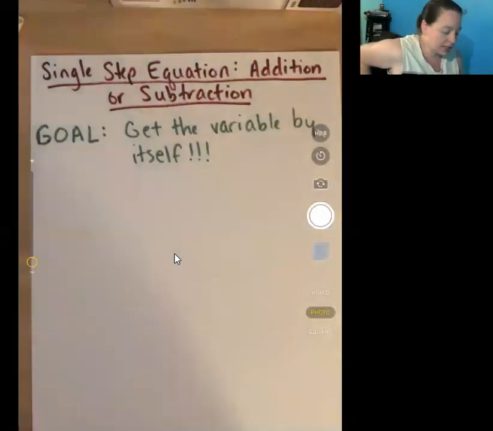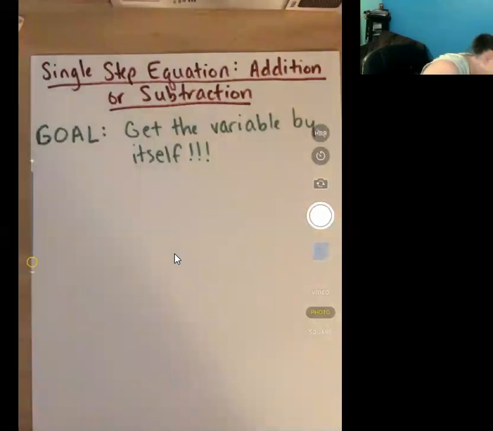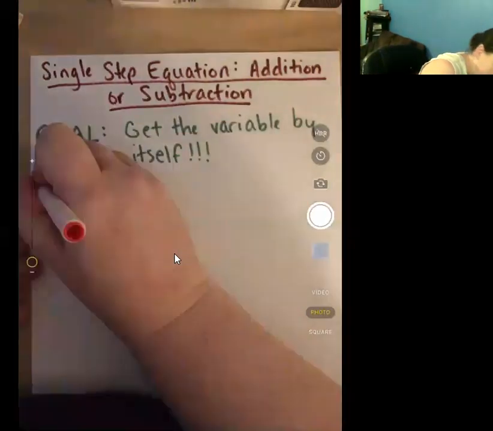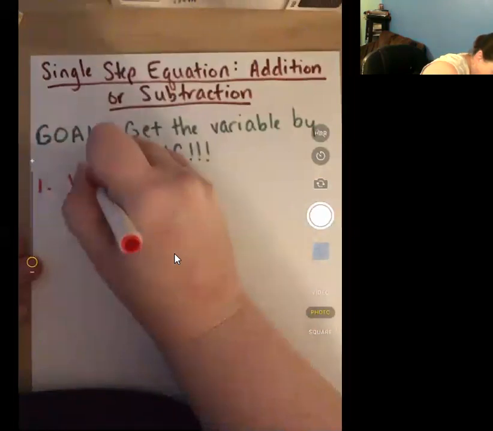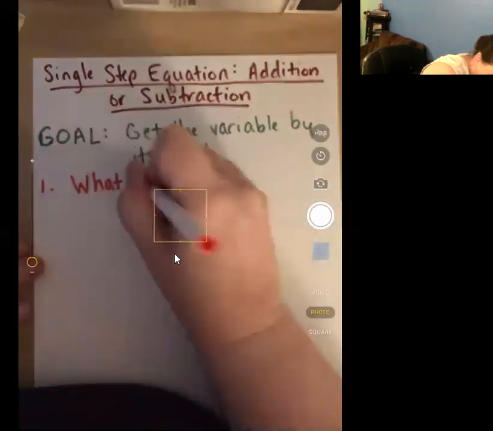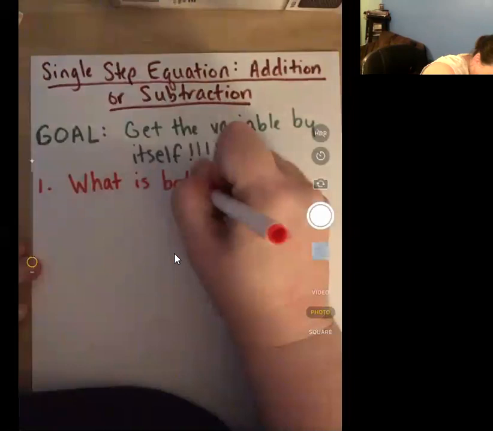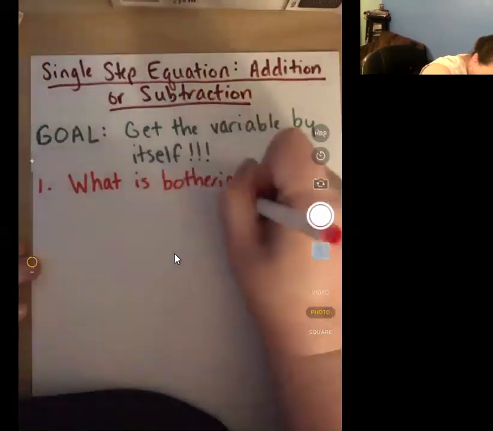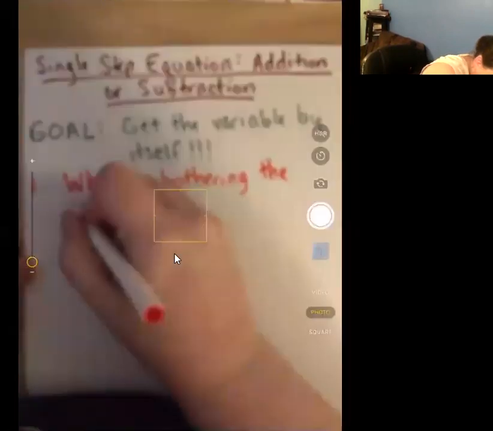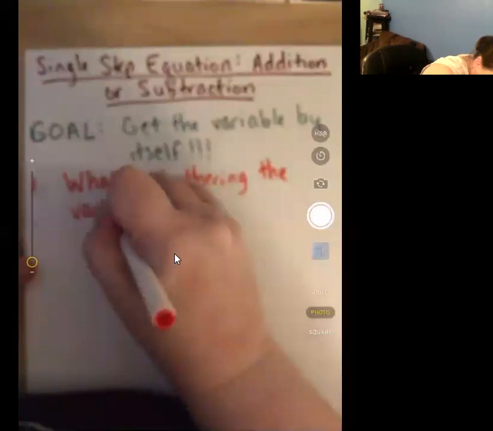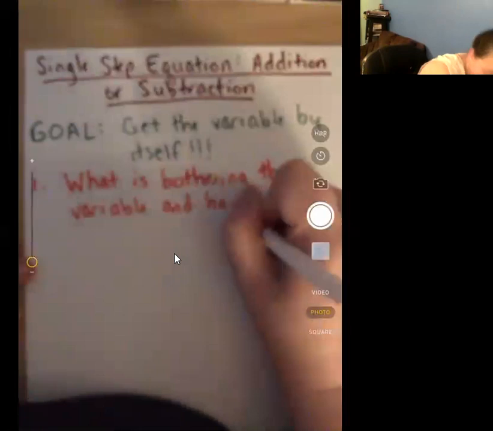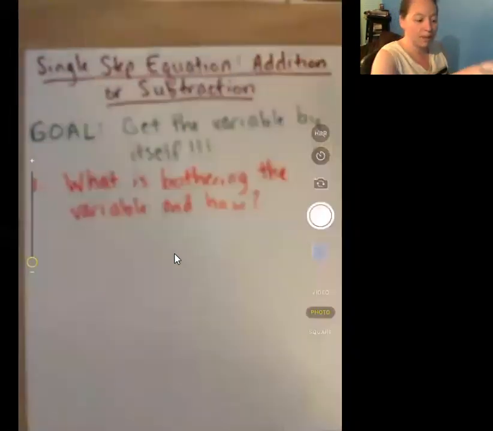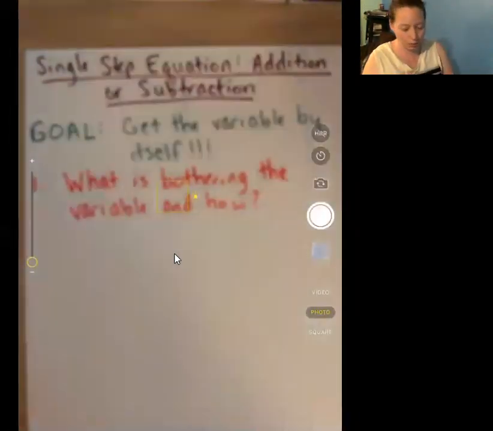So the first thing that you need to do is ask the question, what is bothering the variable and how? Okay, what is bothering the variable and how?